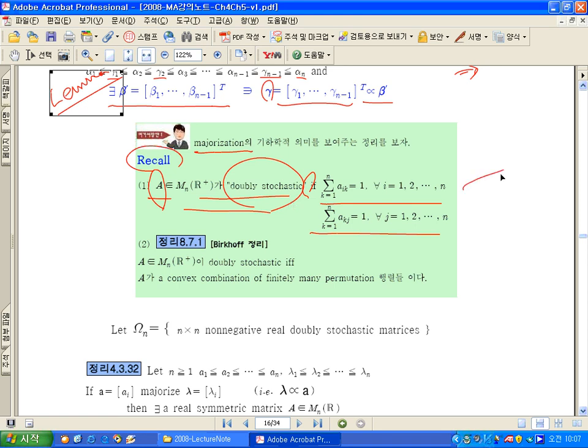Row stochastic and column stochastic. So if it holds both of the two conditions, then we call it doubly stochastic.